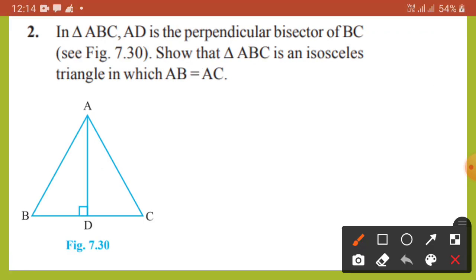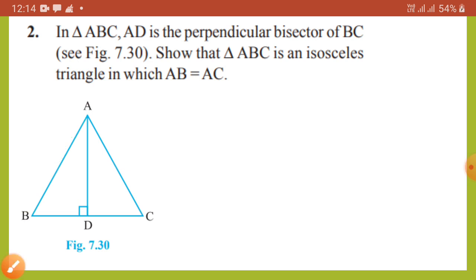Now question number 2. In this triangle ABC, AD is perpendicular bisector of BC. So perpendicular bisector here means this angle is 90 and this angle is 90 here also. Now we have to show that triangle ABC is an isosceles triangle in which AB equal to AC.